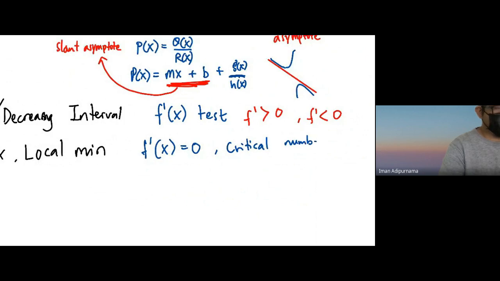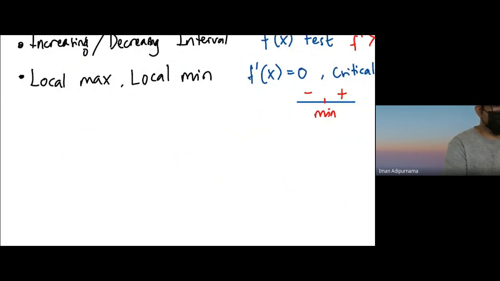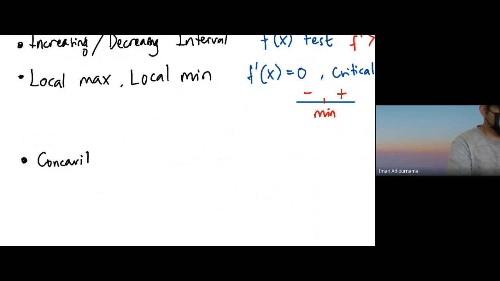One way is to check the critical numbers first, and then check the intervals, and check the points. This will be the minimum, this will be the maximum. Okay, and then after local max and local min, check the concavity and inflection points.